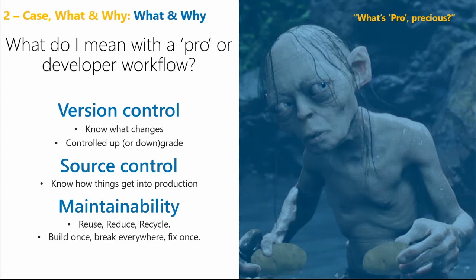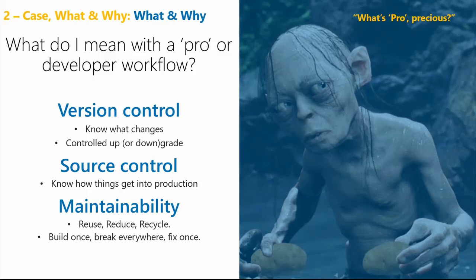And last but definitely not least is maintainability, which coming from more of an enterprise background is at the heart of things, because it really sucks if you're having to maintain unmaintainable code. And I think that centers around two main slogans, if you will: reuse, reduce, and recycle.